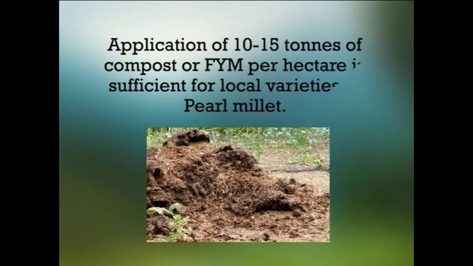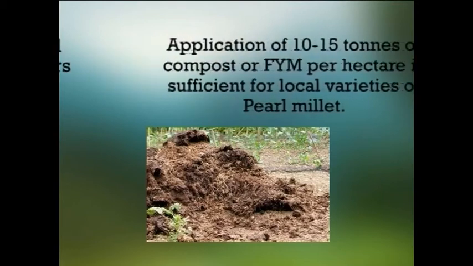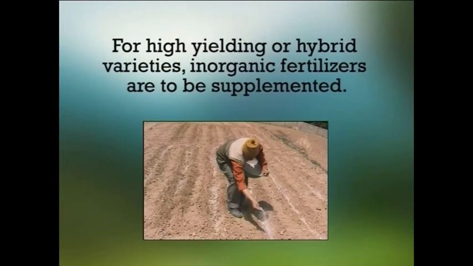Now we will discuss manures and fertilizer application. Application of 10 to 15 tons of compost or farmyard manure per hectare is sufficient for local varieties of pearl millet. But for high yielding or hybrid varieties, inorganic fertilizers are to be supplemented.